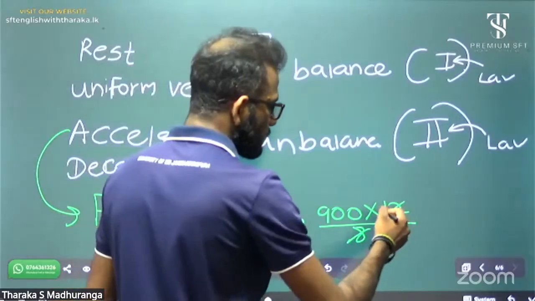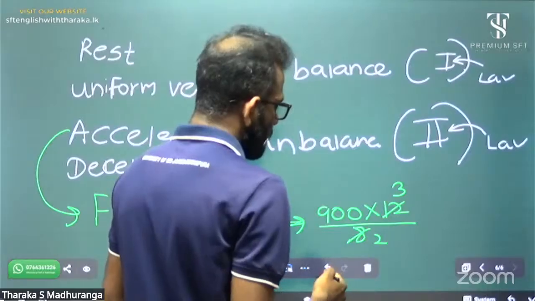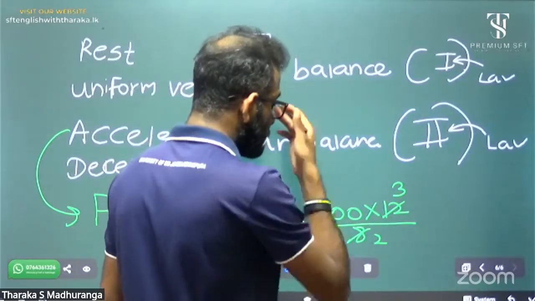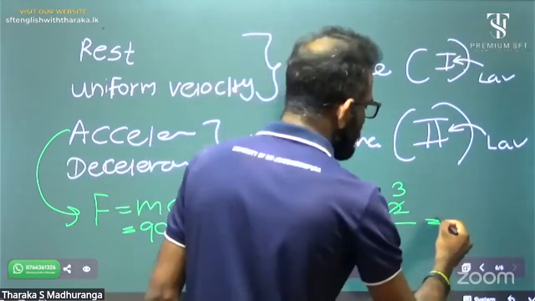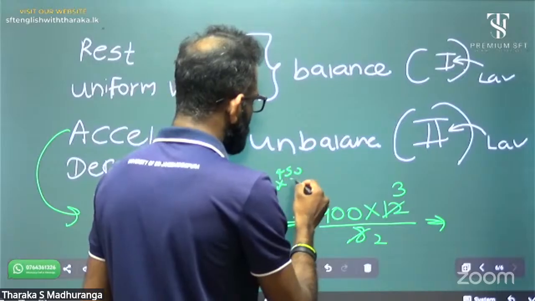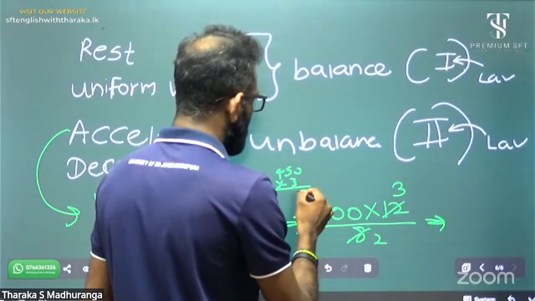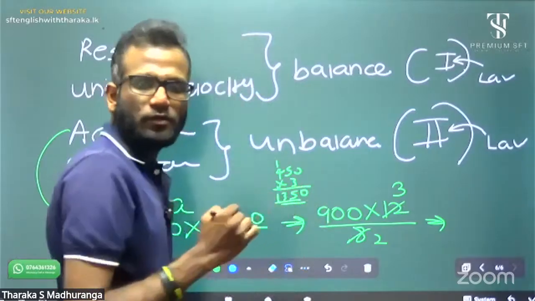It is 3 over 2. 900 divided by 2 is 450. 450 into 3, what's the value? 1350.